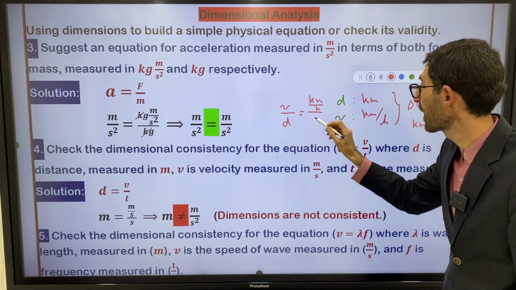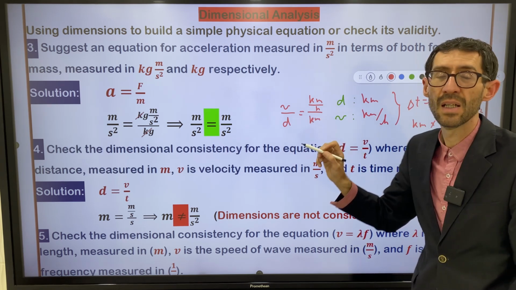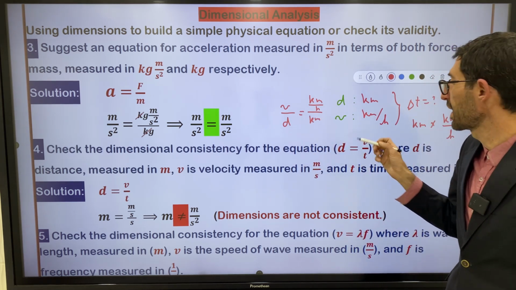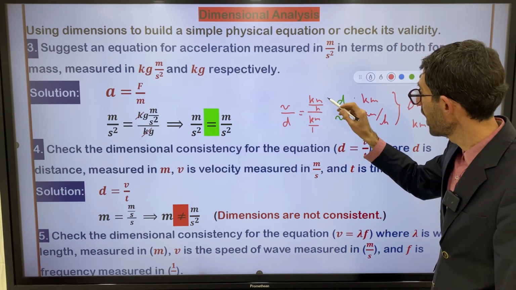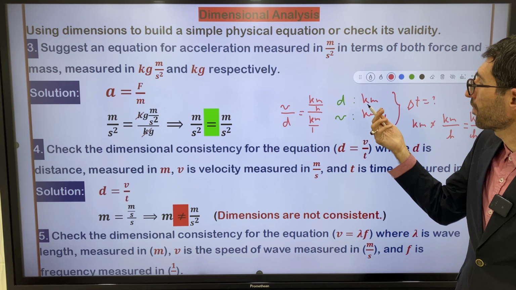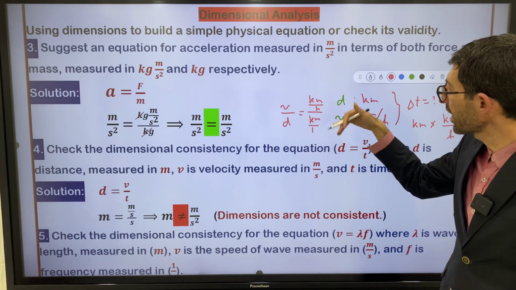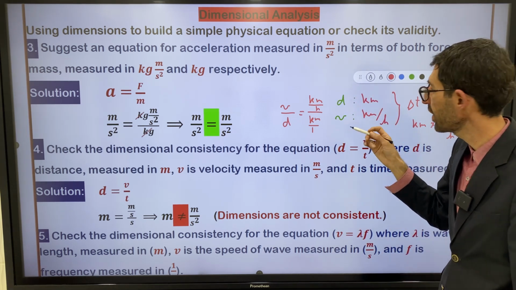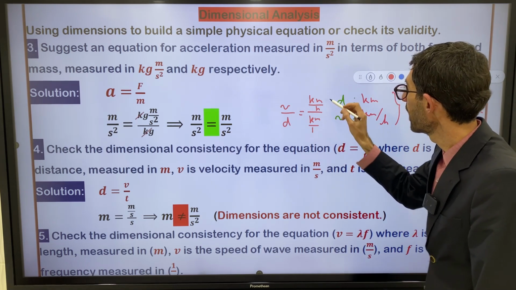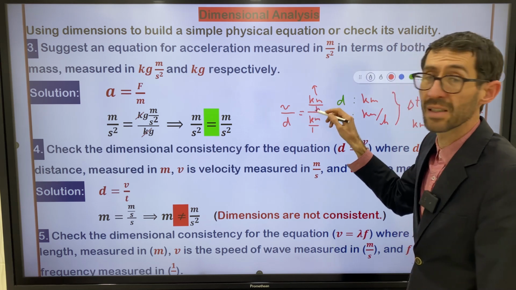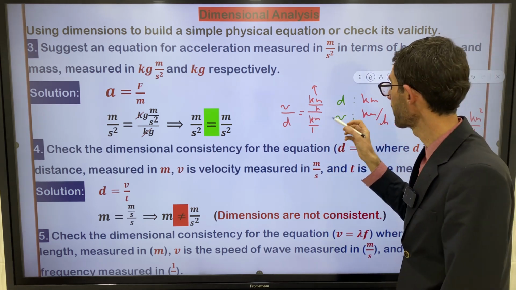Divided by kilometer, because kilometer is the unit for distance, right? I want you to divide these fractions by one another. So what do you get? Let me write the answer here.